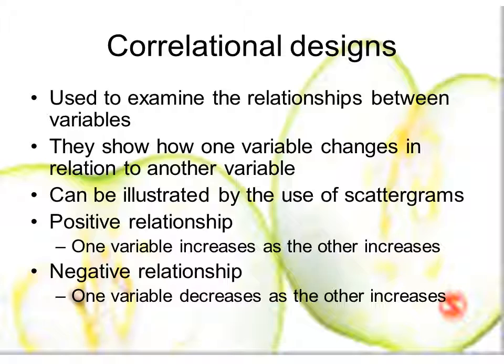If there's a positive relationship between two things, one variable increases as the other one increases. So, I believe the book discusses weight and individuals' level of income.